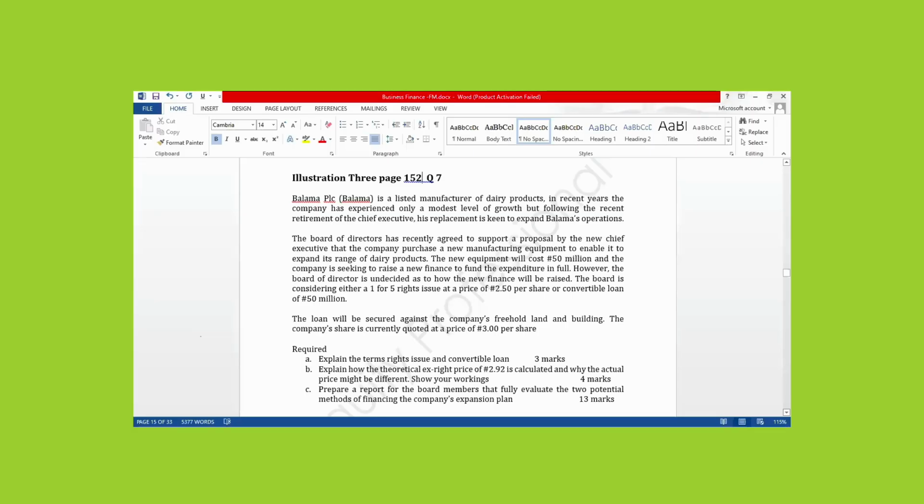A convertible loan is also a long-term fund, but a convertible loan is a debt instrument that provides options to the debt holder to convert the debt to equity.